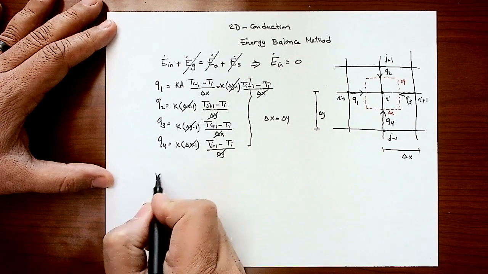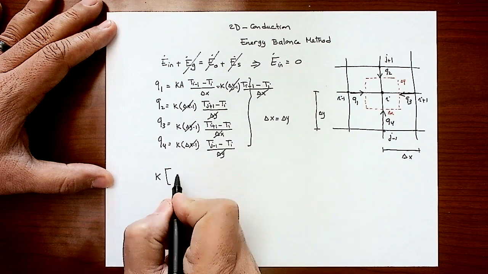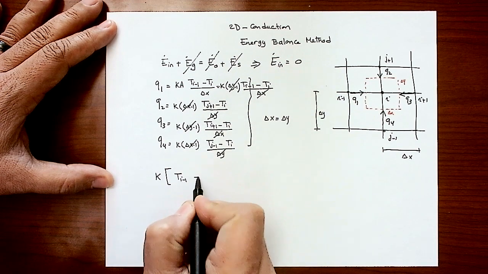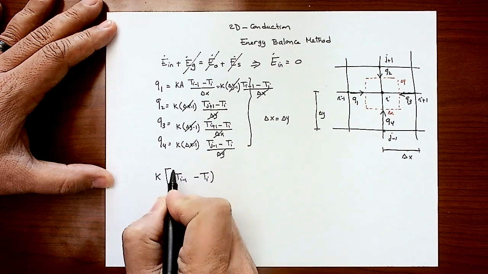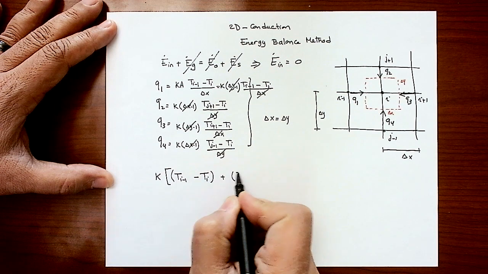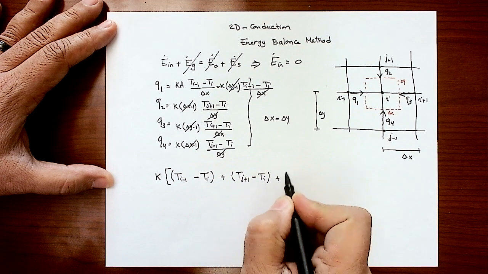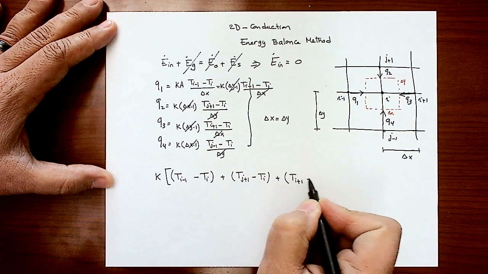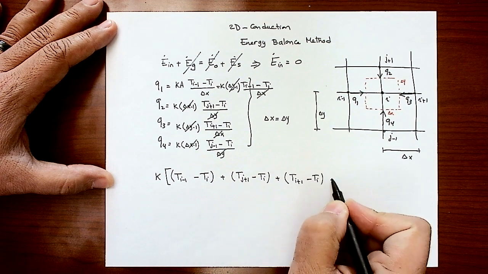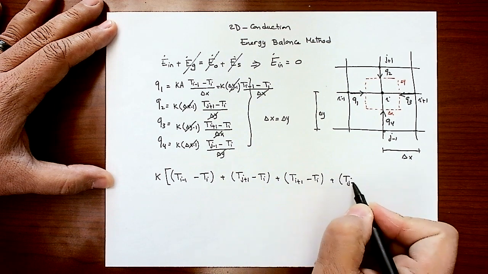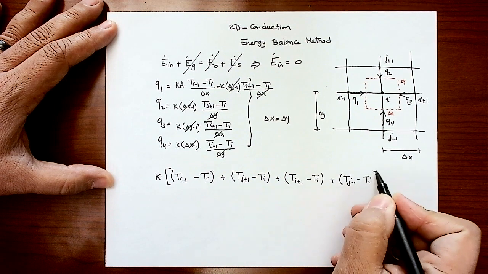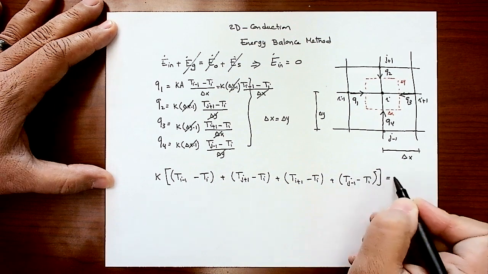So I'm going to have K, and the first term will be Ti minus 1 minus Ti plus Tj plus 1 minus Ti plus Ti plus 1 minus Ti plus Tj minus 1 minus Ti, and this is totally equal to 0.